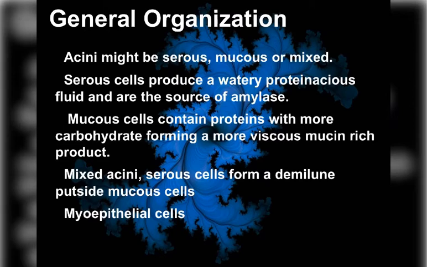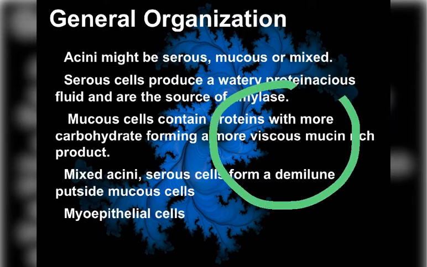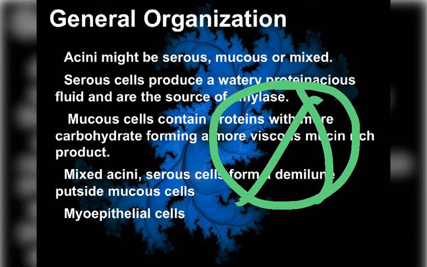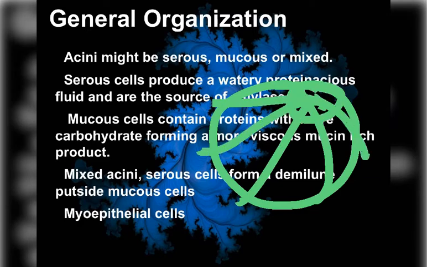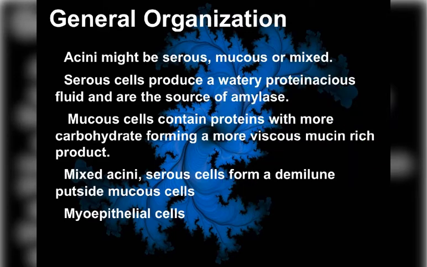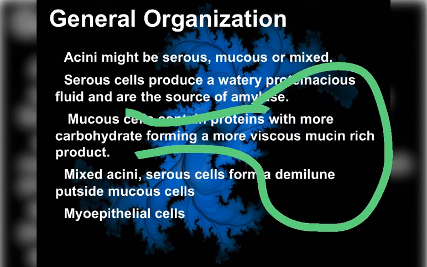Myoepithelial cells. These cells are epithelial cells with contractile ability. They wrap around secretory end pieces like a basket-shaped cell, and also wrap around intercalated ducts.